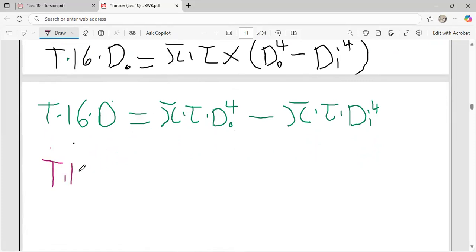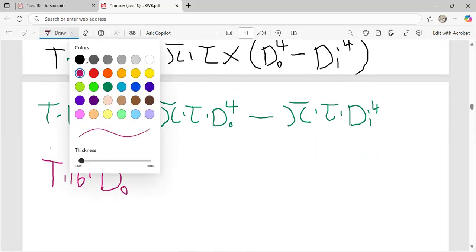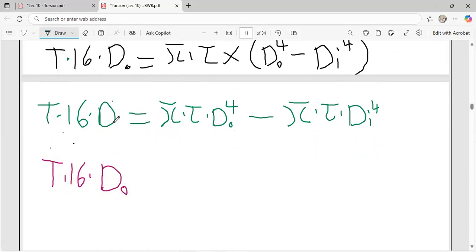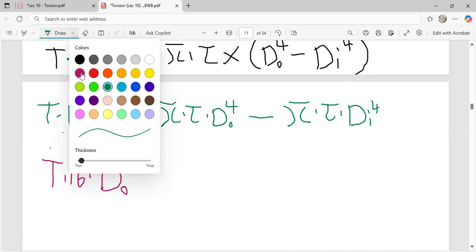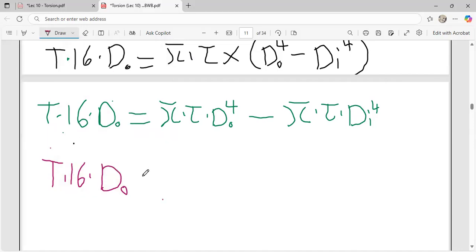So T multiplying 16 times the what? Outer diameter is going to multiply. If this comes over here, it's going to become negative. So it's now going to become minus what? Pi times what?